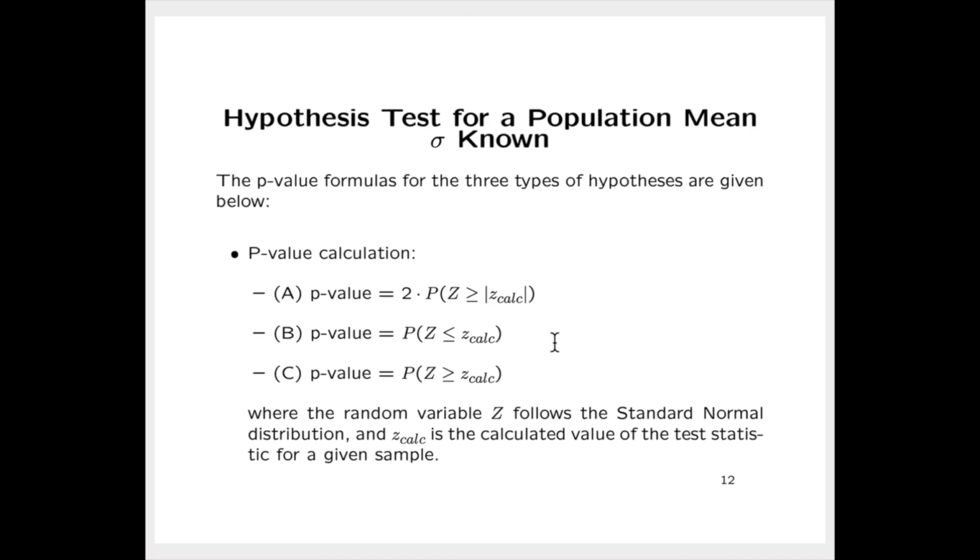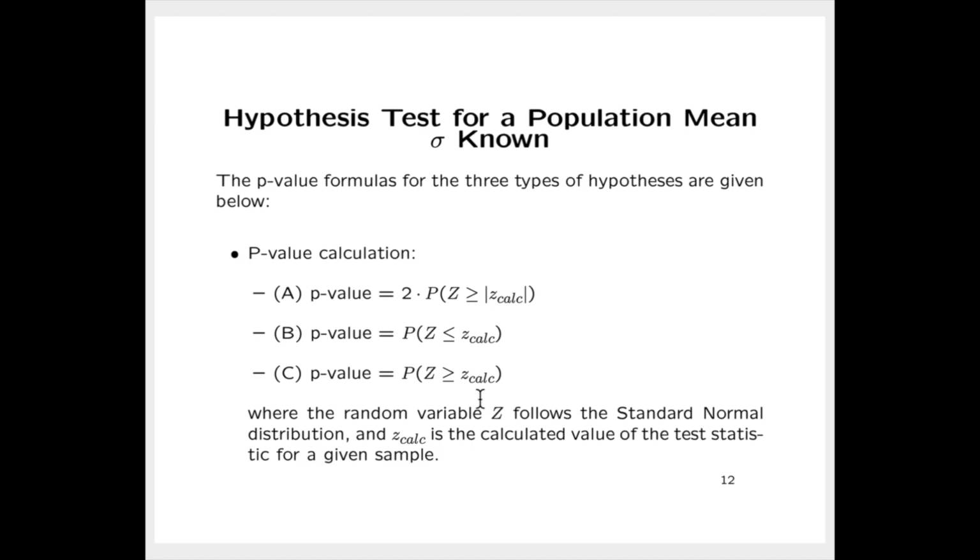If we're performing a left-tailed test, hypothesis test B, then the p-value is equal to the probability that the standard normal random variable Z is less than or equal to the observed value of z-calc. And then finally, if we're performing a right-tailed test, hypothesis test C, then the p-value is equal to the probability that the standard normal random variable is greater than or equal to z-calc.